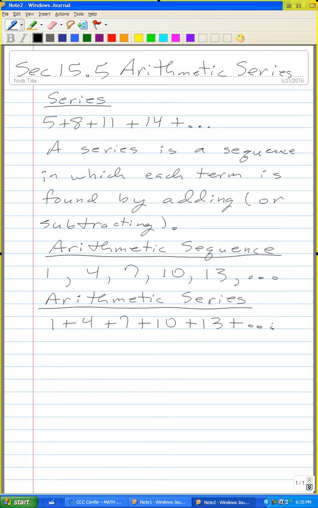So in an arithmetic series, each of the terms that you're adding to get to the next term in your series is just the term in your arithmetic sequence.